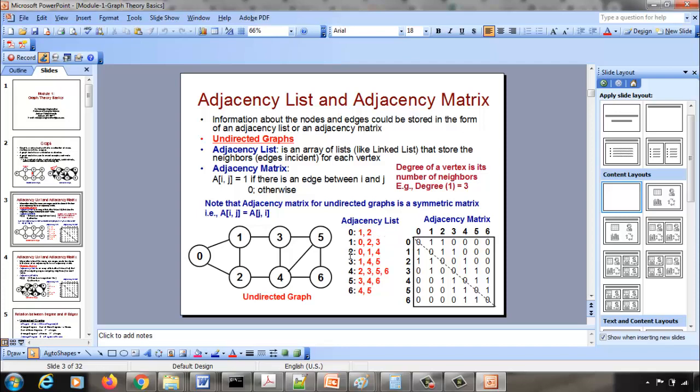Similarly, when we say 2 has an edge with 0, 1 and 4, it means 2 does not have an edge with 3, 5 and 6. That's what it implicitly means. Whereas in the case of adjacency matrix, we store the information more explicitly by including a 1 if there's an edge and a 0 if there's no edge.